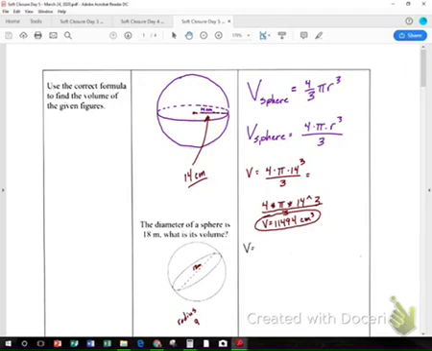Volume of that sphere equals 4 times pi times the radius cubed, 9 cubed, over 3. 4 times pi times 9 cubed, divided by 3 equals, boom, 3,053.6 meters cubed.